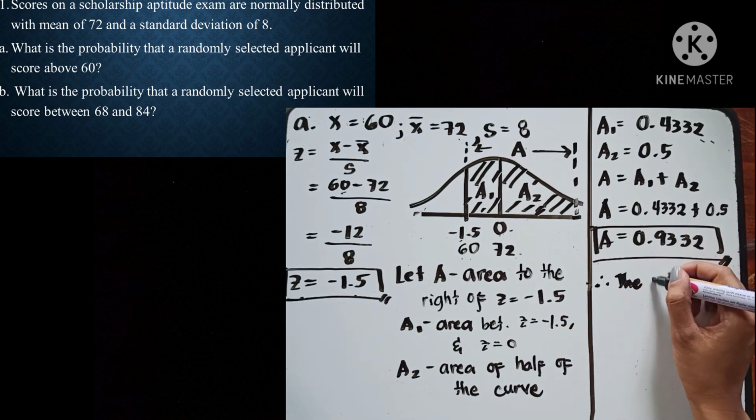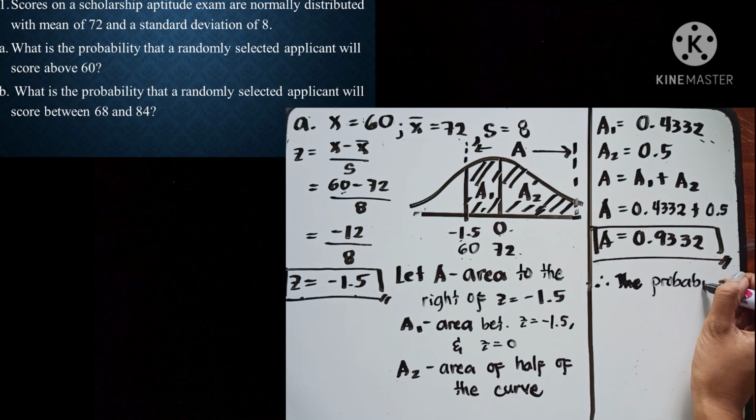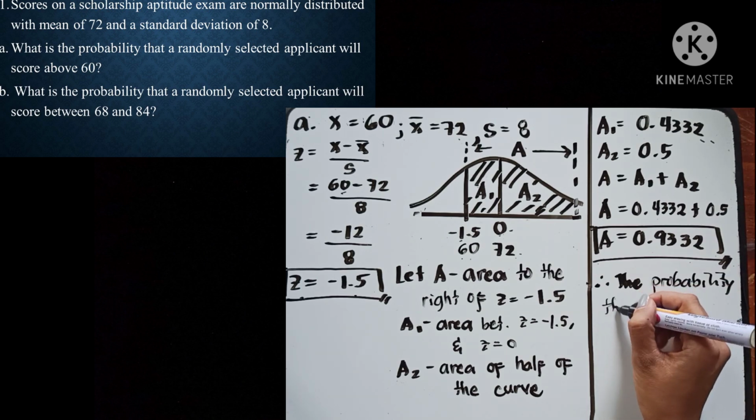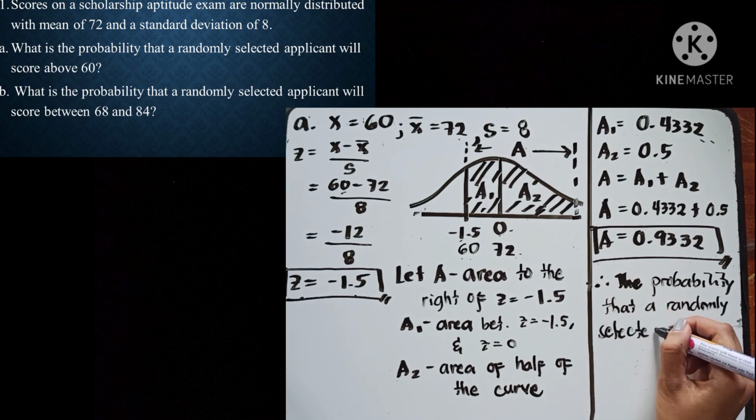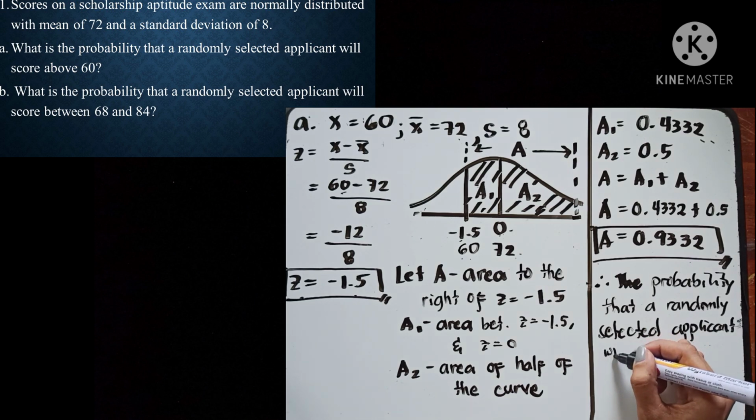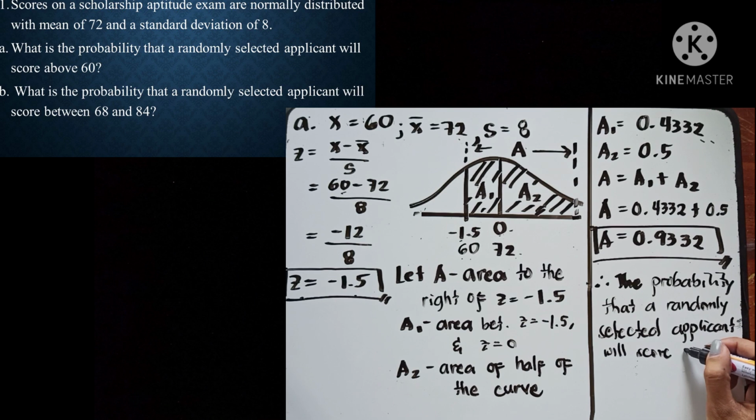So, the probability that a randomly selected applicant will score above 60 is 93.32%.